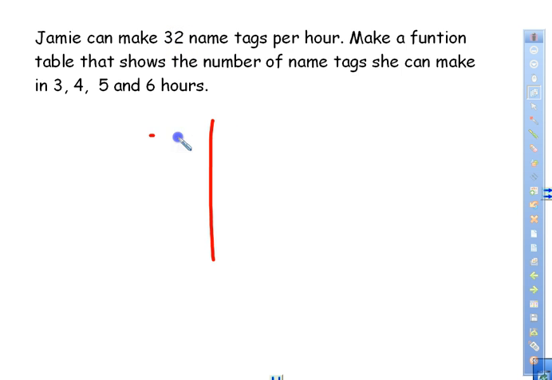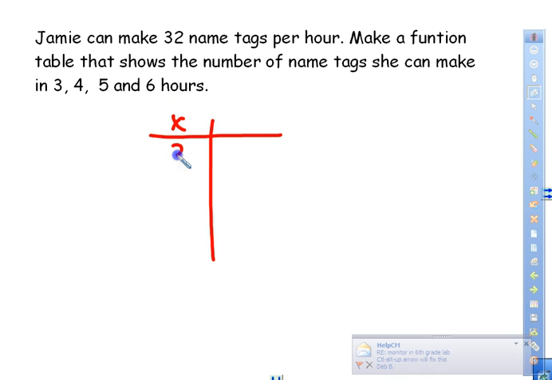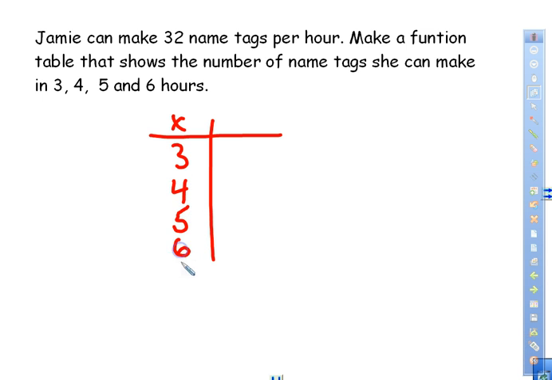So my function table, okay, this is going to be X, and it is going to be 3, 4, 5, and 6. And then my function rule is, if it's 32 per hour, and these are how many hours, it's going to be 32x. Okay, so now it's just a matter of taking this through and saying 32 times 3, which is going to be 96.